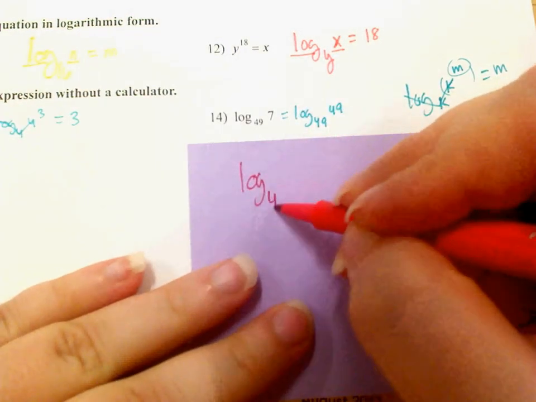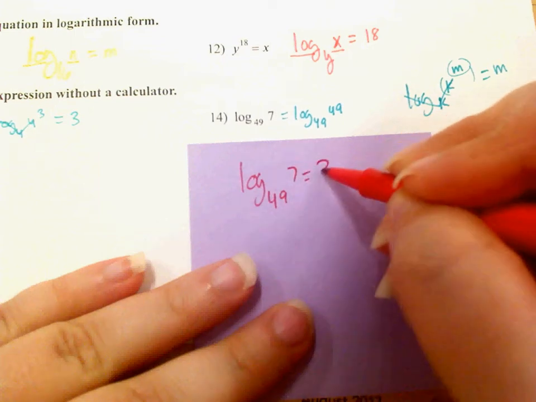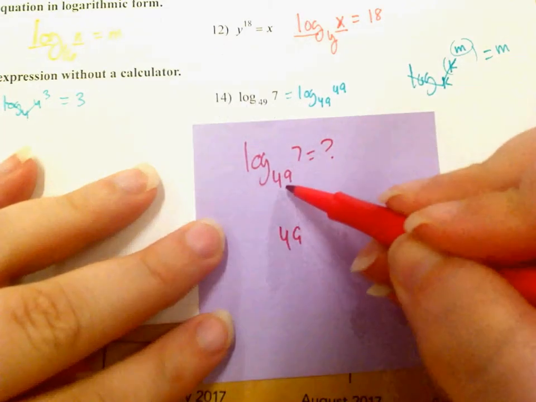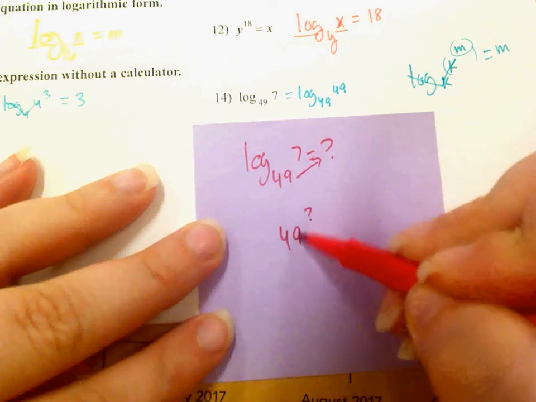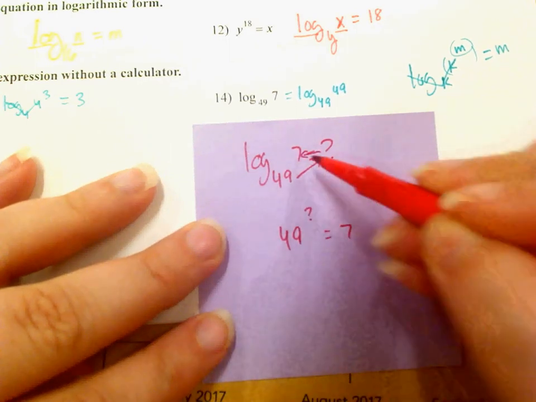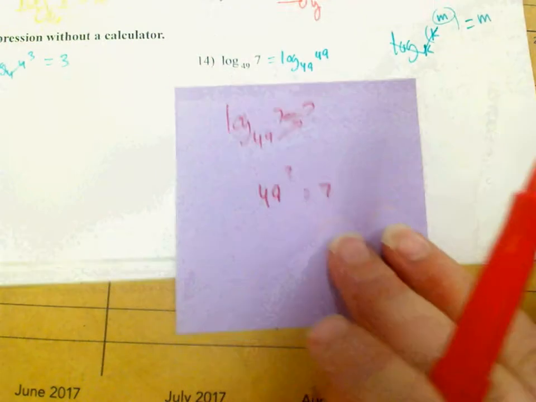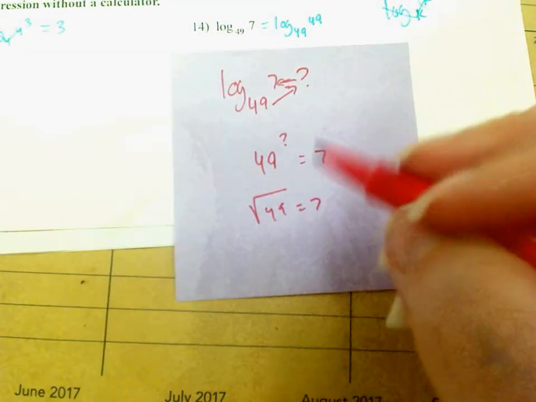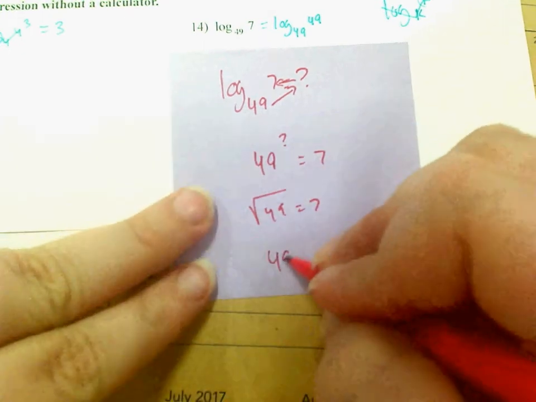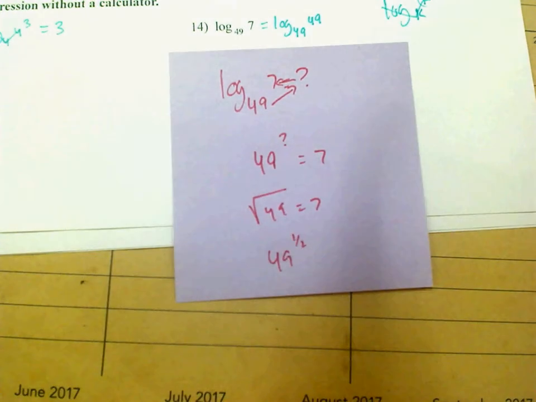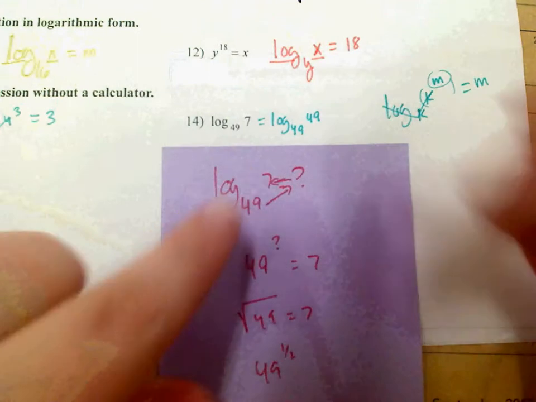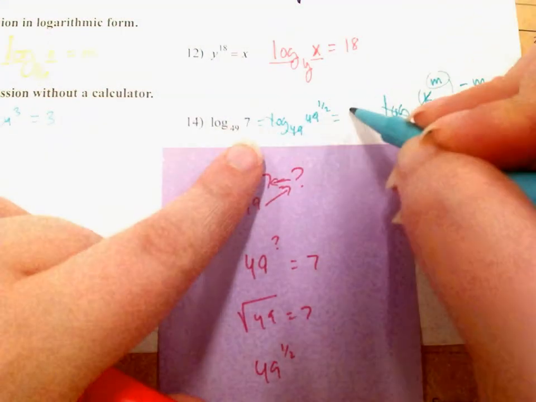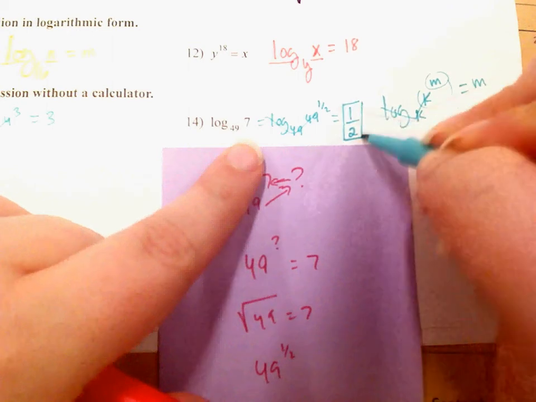Well, if I convert that to an exponential, then I can say 49 to the what equals 7. So 49 to the what power? Well, I know that the square root of 49 is 7. So if I think of it like that, it's 49 to the 1/2 power. So right here, if I can rewrite 7 as 49 to the 1/2 power, then I know that these cancel out. My answer is 1/2. It's important that you know how to do this without a calculator because you won't have one on the test when you do that problem.